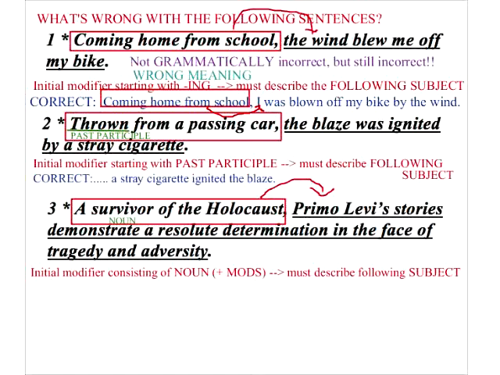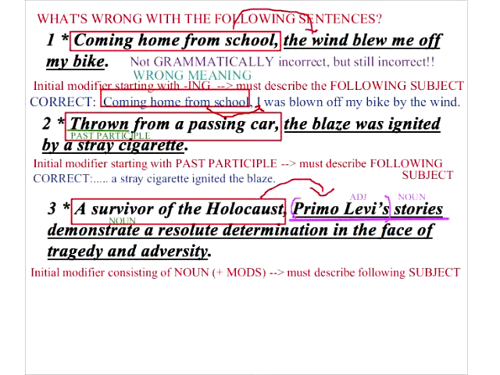Make sure you know that it's not, okay? Possessives like this function as adjectives. So what the subject here actually is, is "stories," because "Primo Levi's" is just a descriptive adjective. So "Primo Levi's stories" is actually the subject.